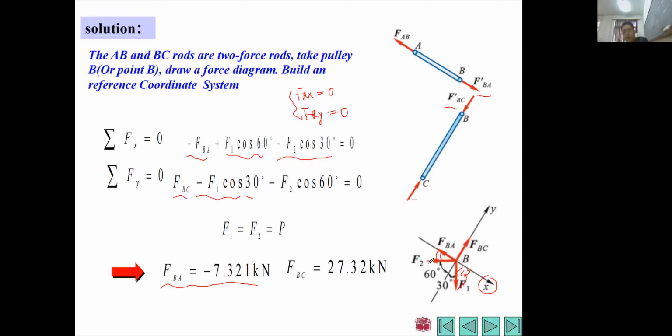We only need the final one, F second. So we have F second times cosine 60, once again along the negative direction of y. So we have minus F second cosine 60 equals 0. And F1 equals F second equals P equals 20 kilonewtons, right? So we can finally find this one.